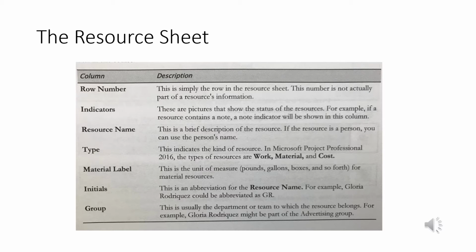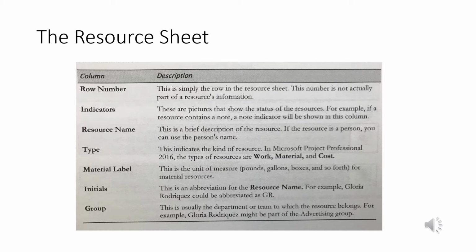Okay, these are the first 7 columns in the resource sheet, and we'll get to the other columns later. Basically, you have a row number, then the indicator, a little icon that shows what type of resource it is. Then the resource name, which can be a description or a person, whatever you want to put in there. Type, and you basically have 3 types: work, material, and cost.